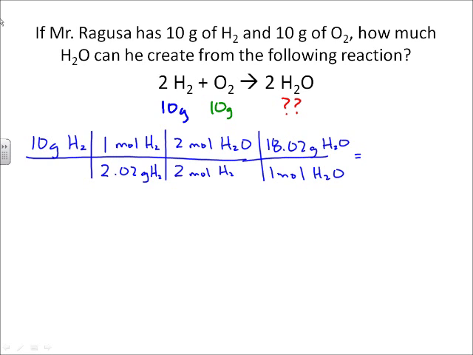And so from hydrogen, we have enough to produce 9.21 grams of water.